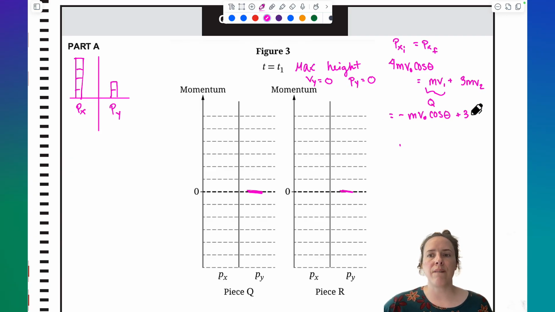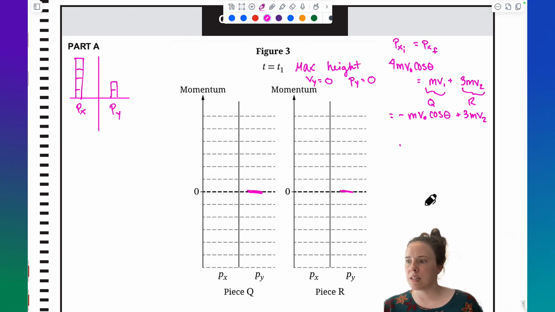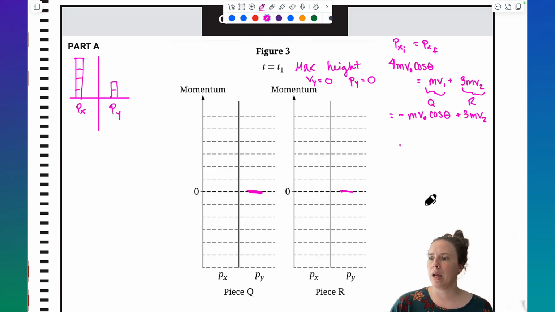So I can actually figure out the final velocity of that second piece, piece r, from my conservation of momentum. And it turns out that this is what you need to do in order to draw your graphs for part A and part C, which is why I'm doing it here. Okay.